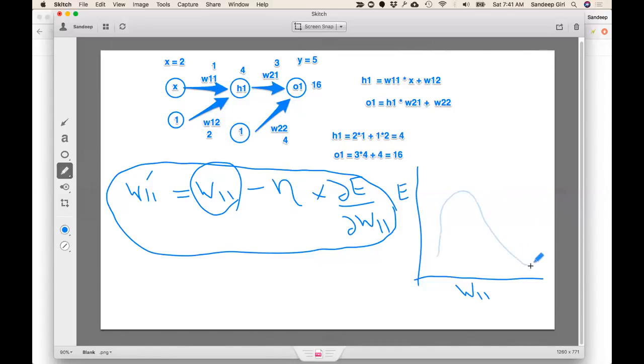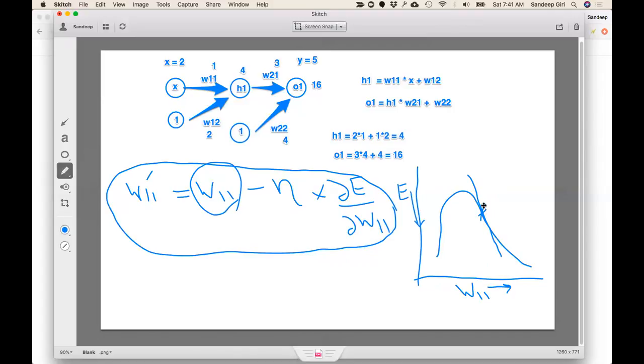For a particular value of W, we find that the error is changing in this way, meaning when we increase W, the error is coming down because of the slope.